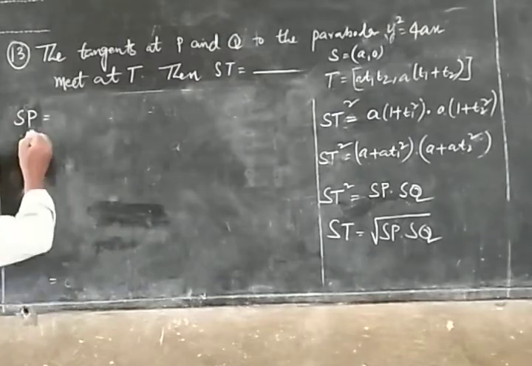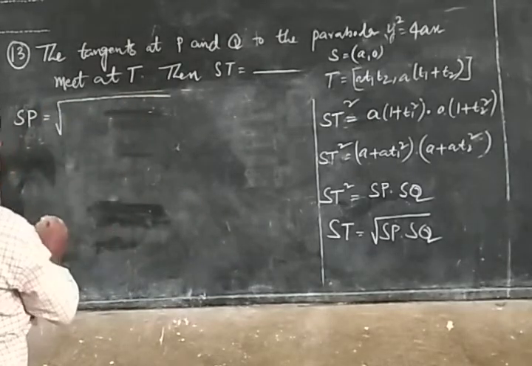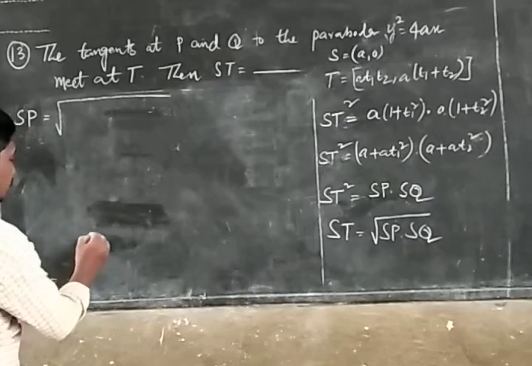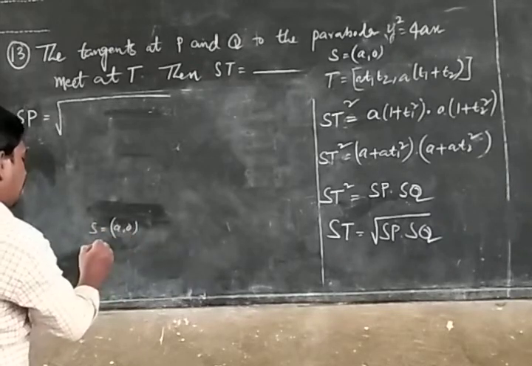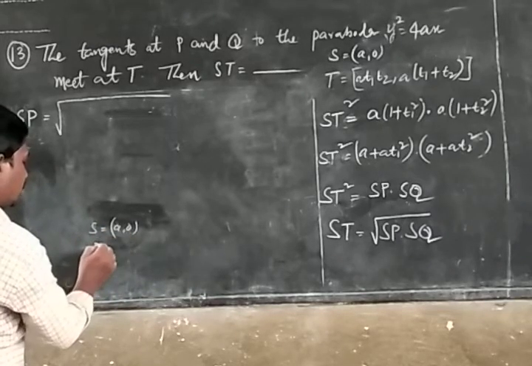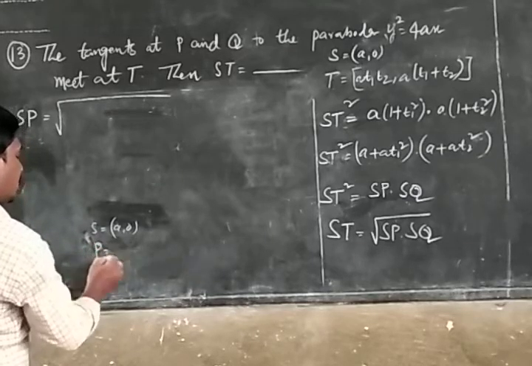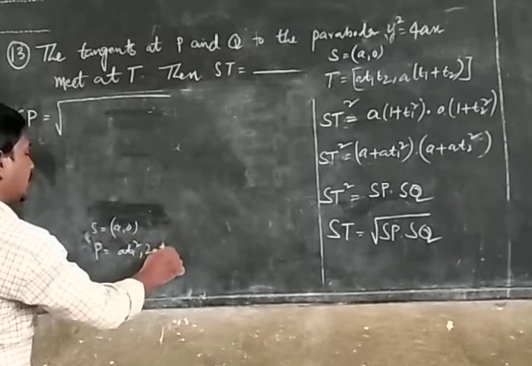So SP means root of, S means (a, 0), P means (a t1 square, 2a t1).